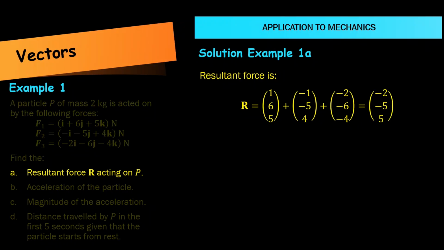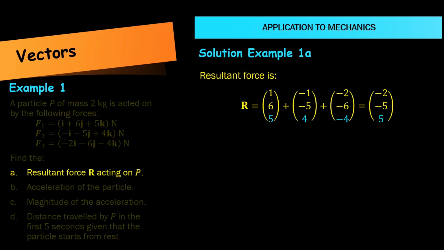We can now calculate the resultant force. So, adding all the x components gives us 1 plus minus 1 plus minus 2 equals minus 2. The y components, 6 plus minus 5 plus minus 6 equals minus 5.